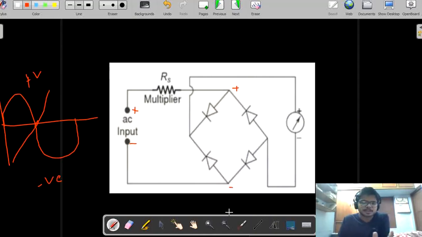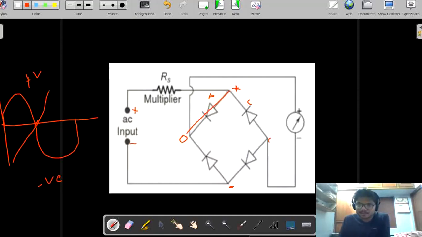Now apply the concept of diode simply. For this one it is a cathode and this is an anode. Which is high? Anode is high. Compare the two diodes differently. Here we have a plus sign and here a minus sign. For here we have 0 voltage, so anode is greater than cathode, so current will flow.